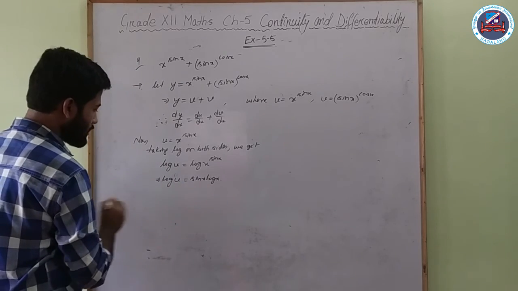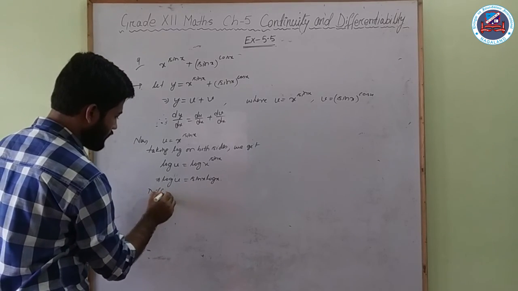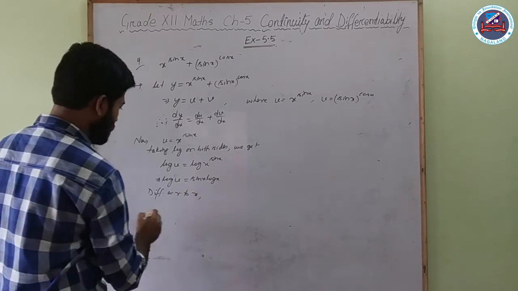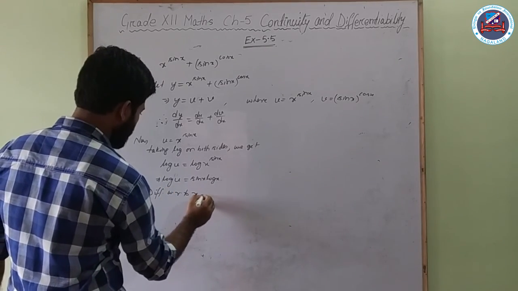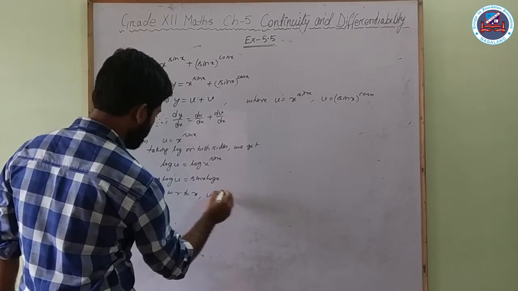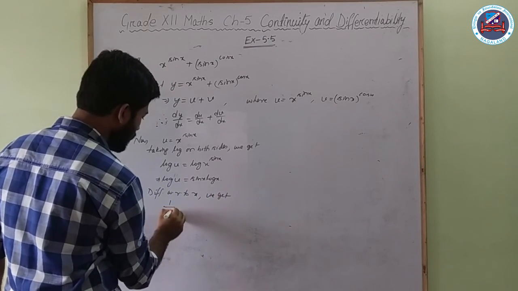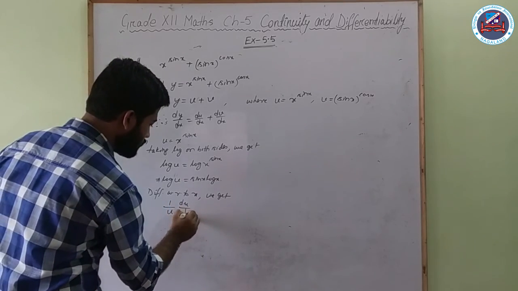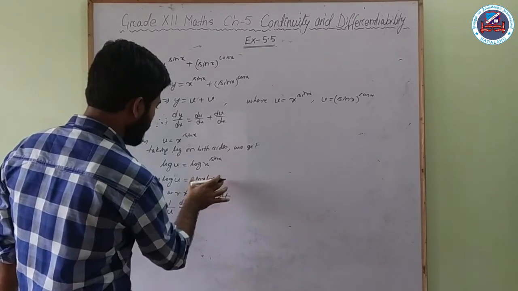Now if I differentiate this with respect to x, we get derivative of log u will be 1 by u, but u is not x, isn't it? So we need to write du by dx.